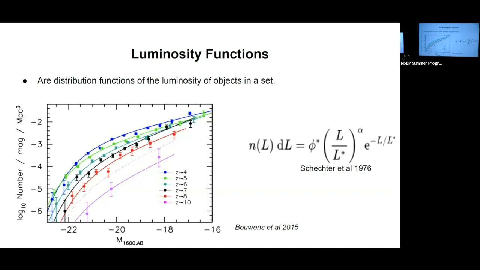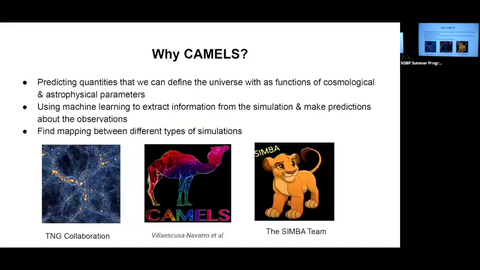We use a power law that was defined in 1976 by a person named Schechter, and it models luminosity functions. And we use a simulation called the CAMELS dataset, built upon simulations itself, the TNG and the SIMBA. It's a set of hydrodynamic and N-body simulations, and it is basically used to predict quantities that we can define the universe with.